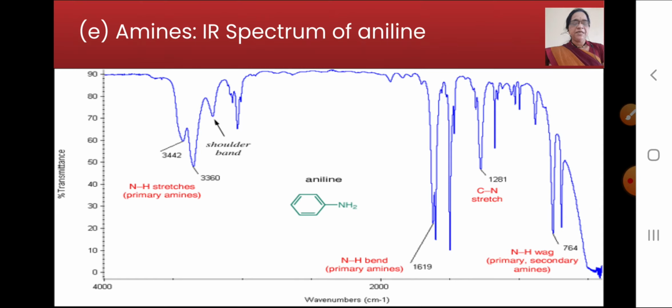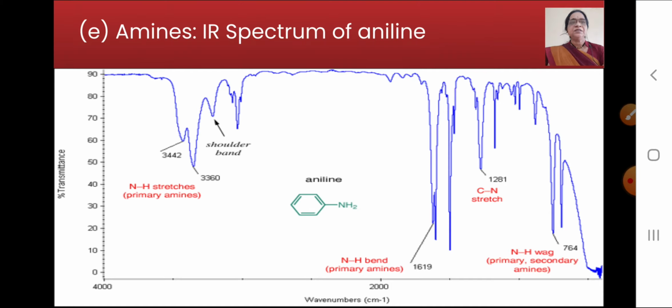In neat liquid samples, the NH bands are weaker and sharper than the OH band. The primary amines, that is NH2, show two absorption bands. One of them is the symmetric stretch, the second one is the asymmetric stretch.